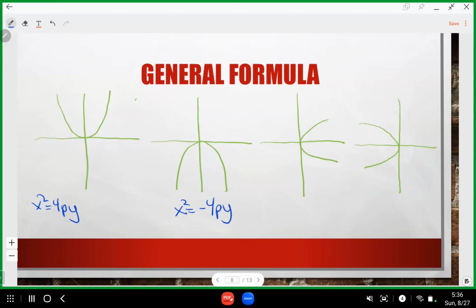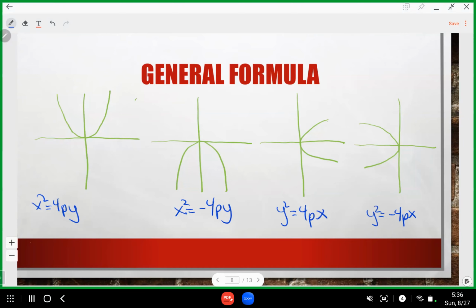And that same logic applies to when it opens right or left. But when it opens right or left, x and y are switched. So this is going to be y squared is equal to 4px, and this is y squared is equal to negative 4px. When it's negative, it opens down and left. Pretty straightforward, self-explanatory. So that's the general formula for all of these.